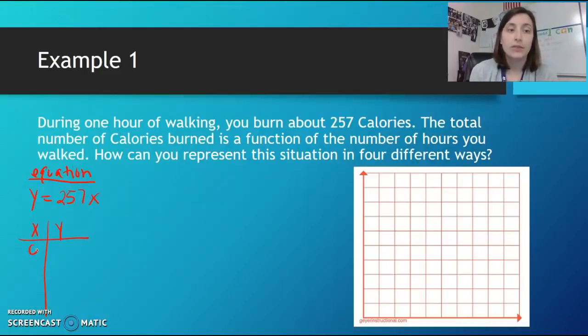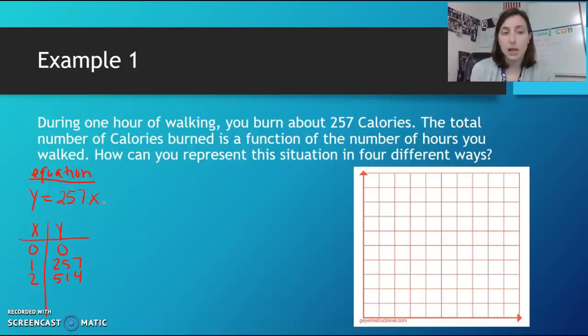And so if I walk 0 hours, then I burn 0 calories. Simple. If you remember from chapter 5, this is what we would call a proportional relationship because we start at 0, 0. If I walk 1 hour, then I'm going to burn 257 calories. If I walk 2 hours, I'm going to burn 514 calories.